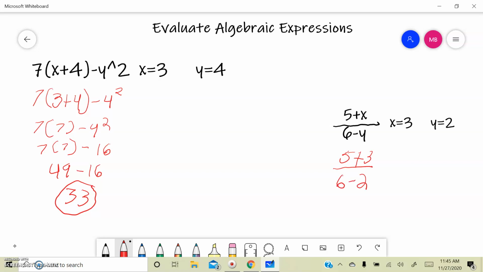Now, this is acting as a grouping symbol. So I gotta do on top and bottom before I can even think about doing the actual division. This division bar acts as our grouping symbol. So I do 5 plus 3 and I get 8. And then I get 6 minus 2, which is 4. Now I'm going to do the actual division where I would get 2.